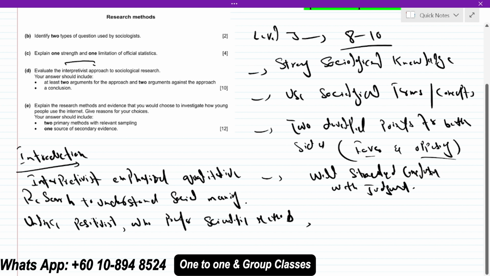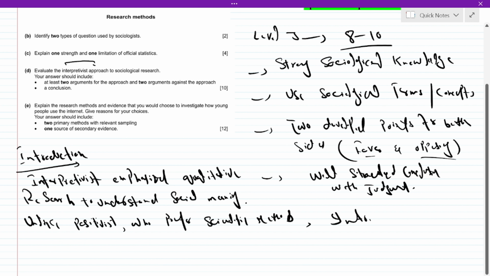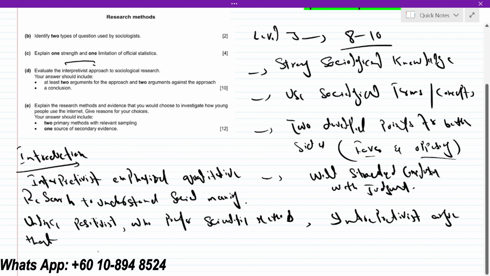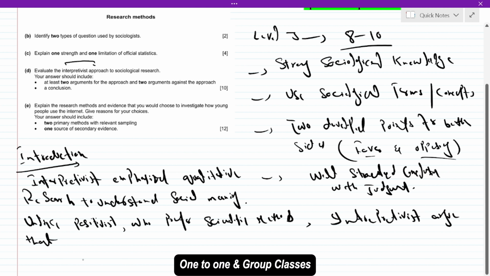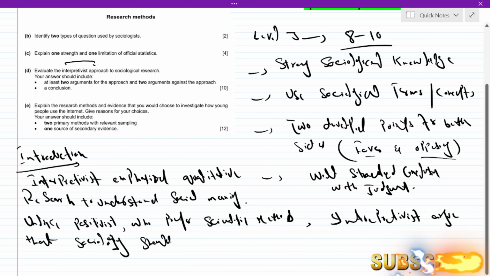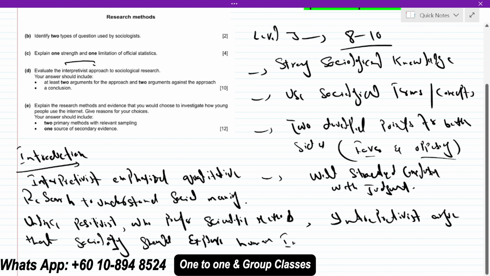Interpretivists argue that sociology should explore human interaction in depth. So that was the introduction.